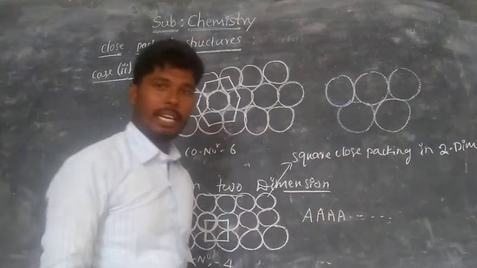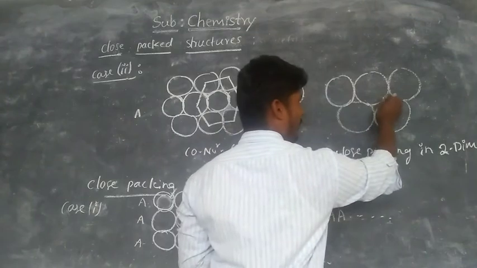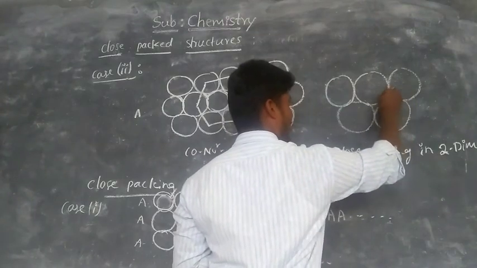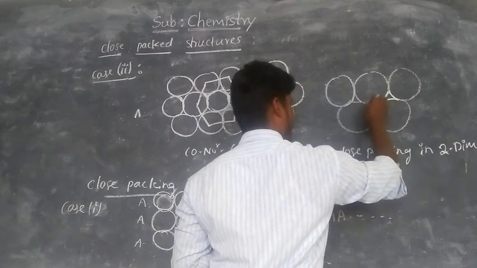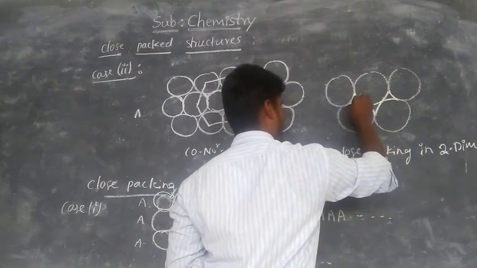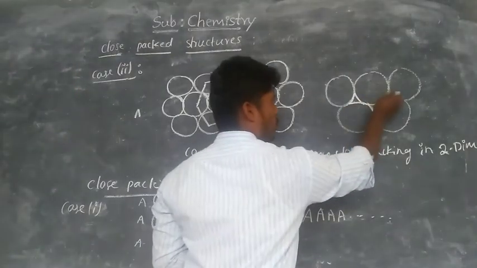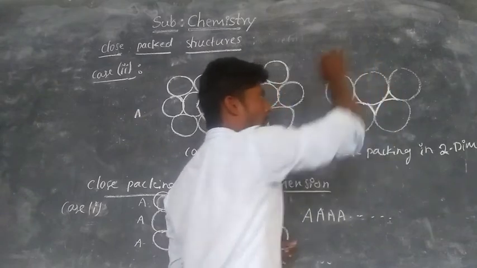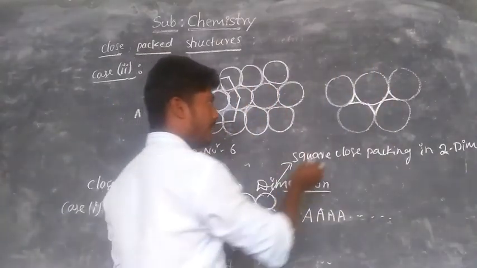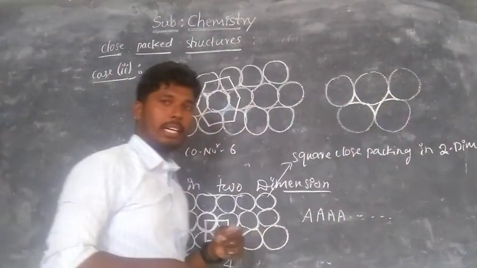So observe, here you get two types of triangles. This is one type of triangle and this is the second type of triangle. In one type the sharp edge shows upside, and in the other the sharp edge is shown downside.